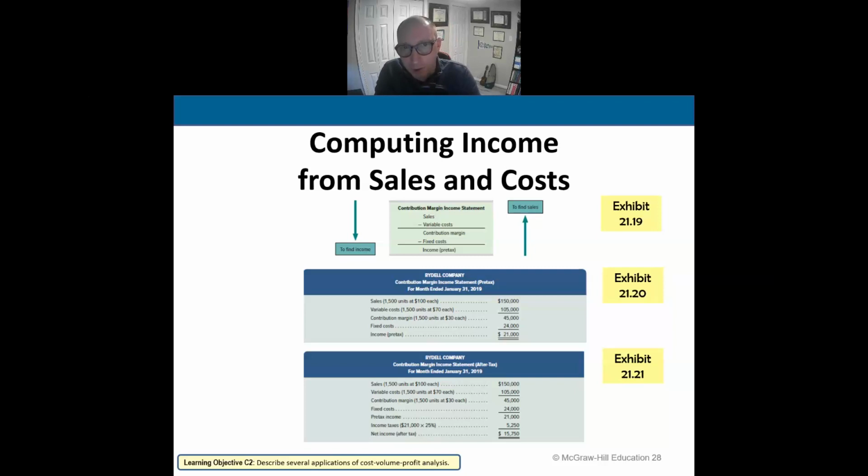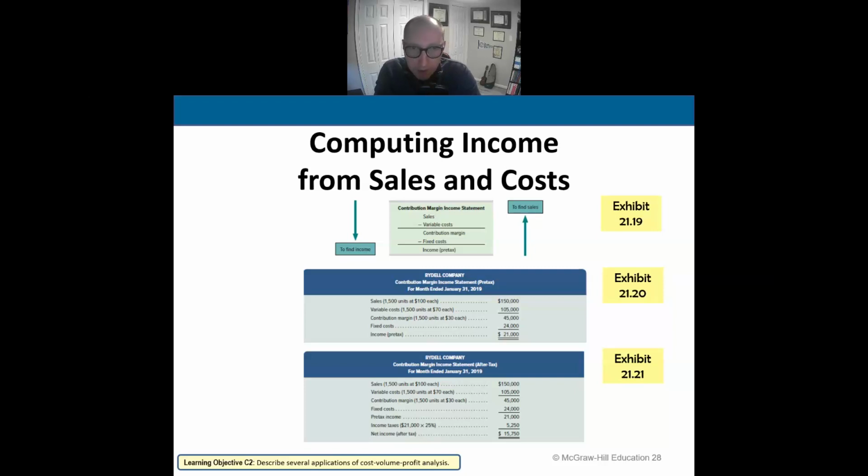Another application of break-even is called computing income from sales and costs. This is very similar to your contribution margin using the income statement method. We take sales minus variable costs equals contribution margin, minus fixed costs equals net income. When your net income is zero, that means you broke even.